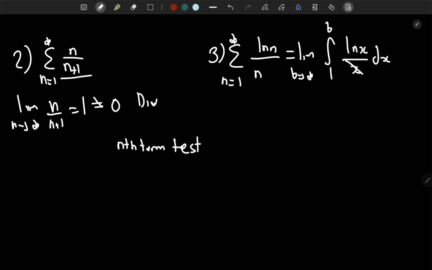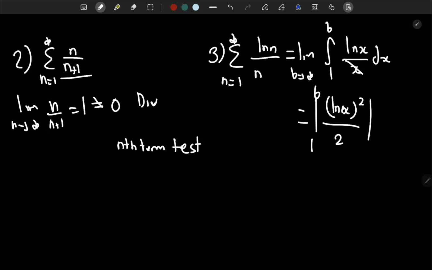So let me write that over here. We have the limit from 1 to b of ln x squared. Don't forget that it was u squared, so it's going to be ln x squared over 2.